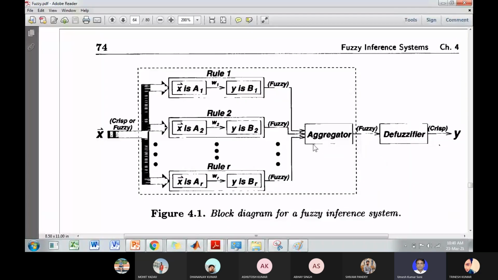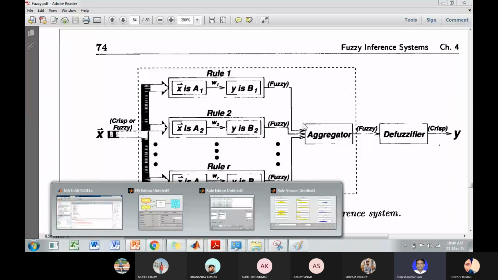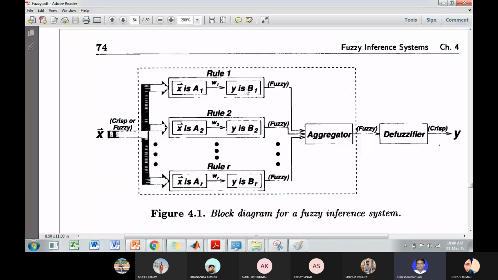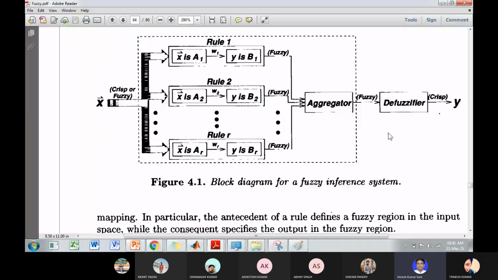Now the aggregators: the aggregator is how you take the overall area from the resultant fuzzy membership functions. In the aggregator you can take the sum of all the areas from B1, B2 and B3, or you can take the maximum membership grades from all the areas. Now you take the defuzzifier for the crisp output.